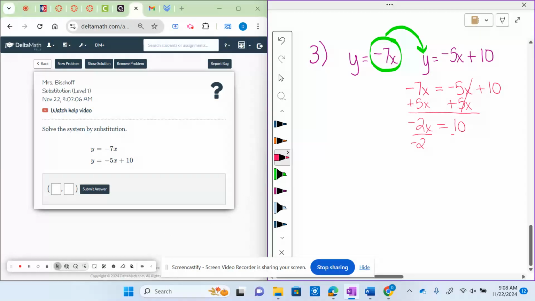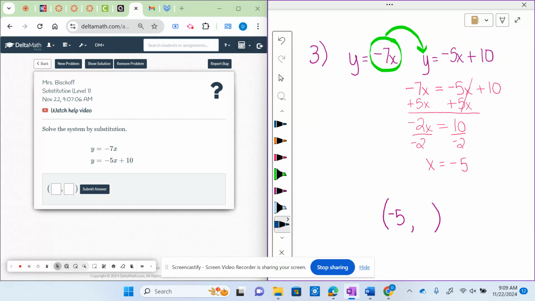Yeah, divide both sides by negative 2. So x equals -5. But I remember that every solution to a system is an ordered pair. You guys are going to get so tired of hearing me say that, but I'm gonna. So I know that the x-coordinate is -5.